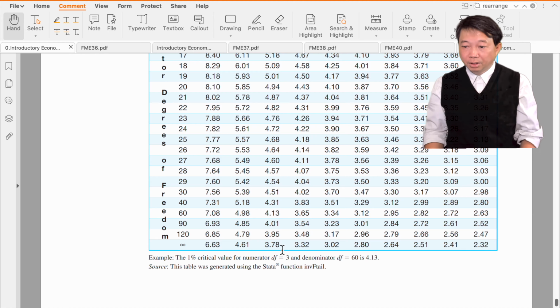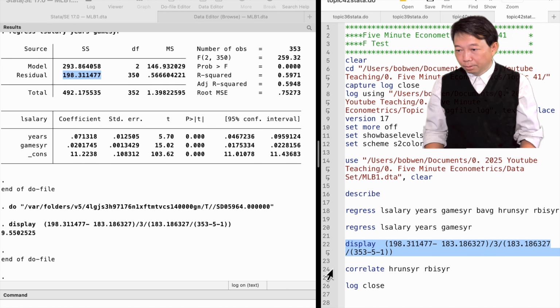The F statistic is above it, so we reject the null hypothesis that the performance variables have no effect on the players' salaries at the 1% significance level. The three performance variables are jointly statistically significant at any conventional level.